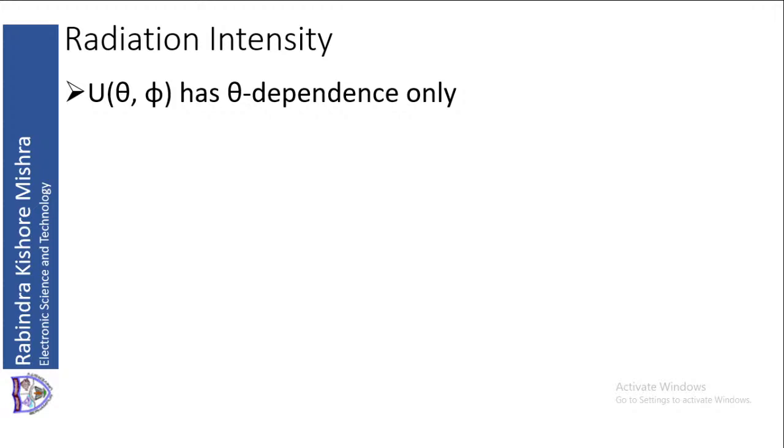Power comes from electric field and magnetic field, both of which are independent of phi. Therefore, power is dependent only on theta. If power is dependent only on theta, then U theta phi will be dependent only on theta. So radiation intensity has a theta dependency only.